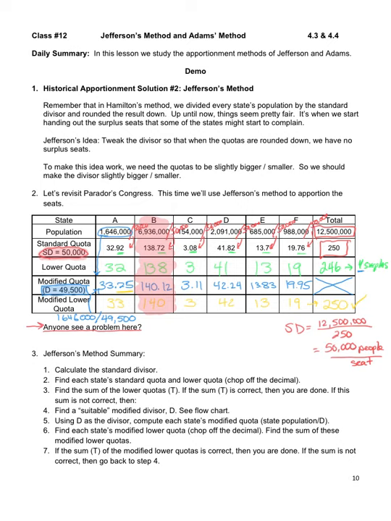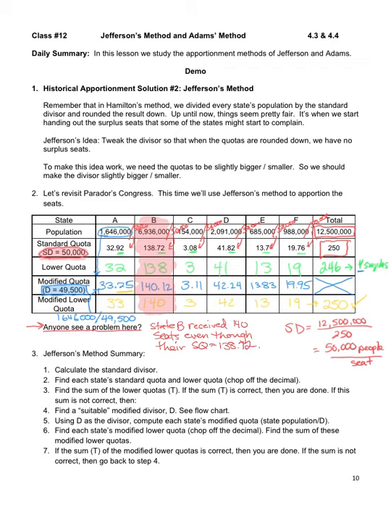Notice that state B received 140 seats, even though their standard quota was 138.72.